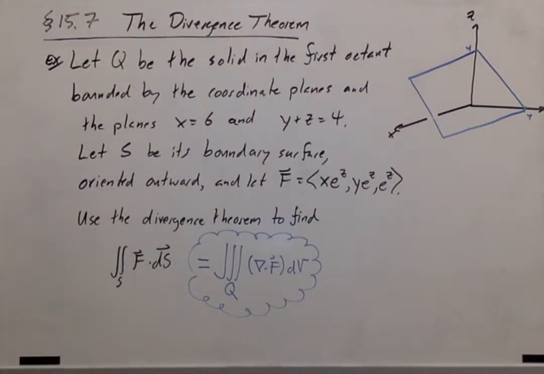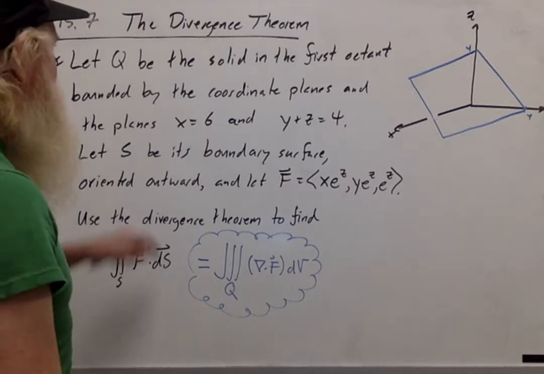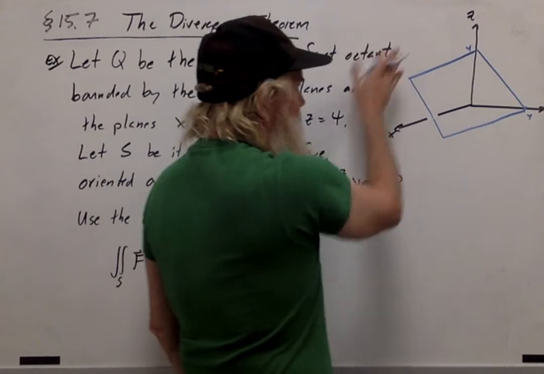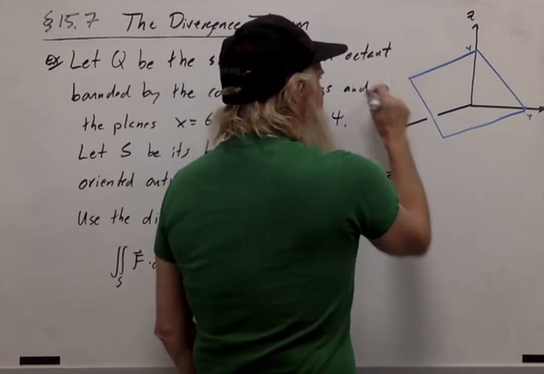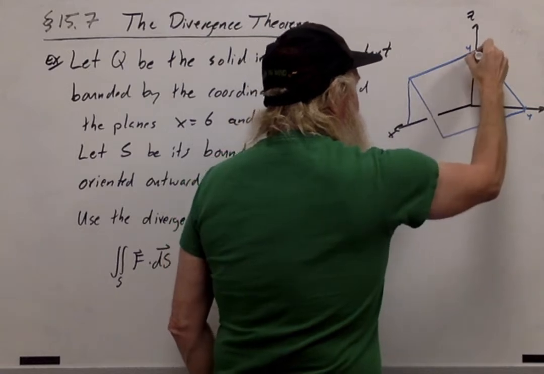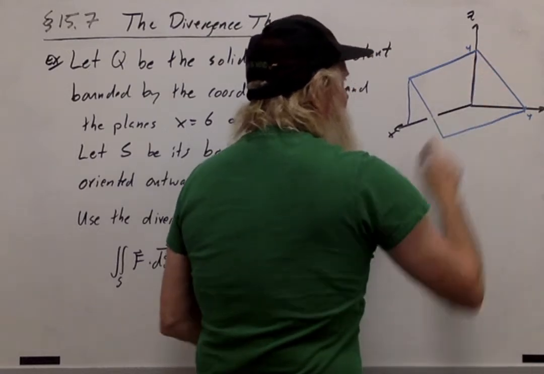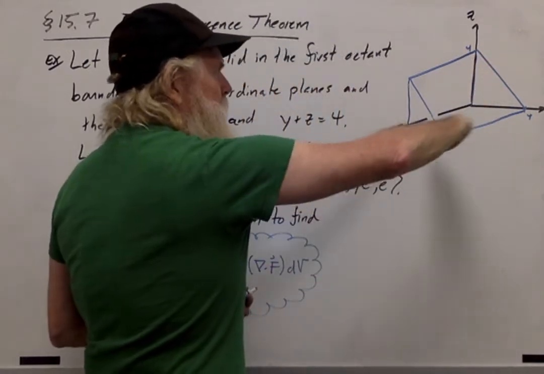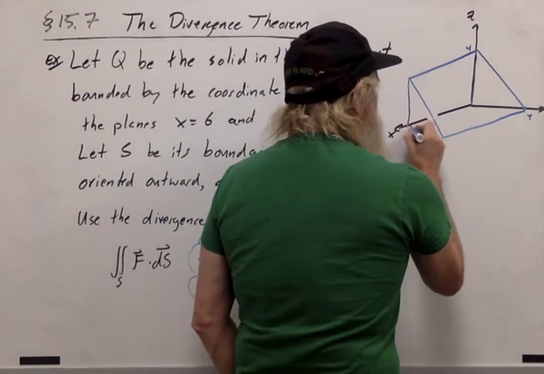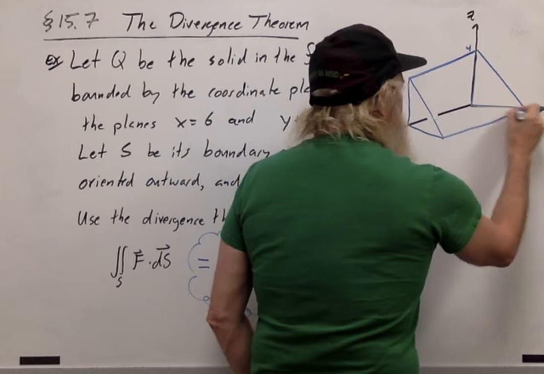Now that plane continues forever in both directions, but I actually want to cut it off on the left side by the xz plane. So it has a wall here. It's cut off below by the xy plane, z equals 0. So it's cut here.